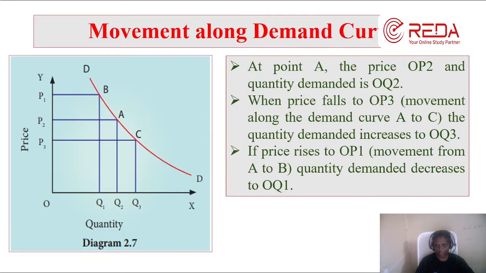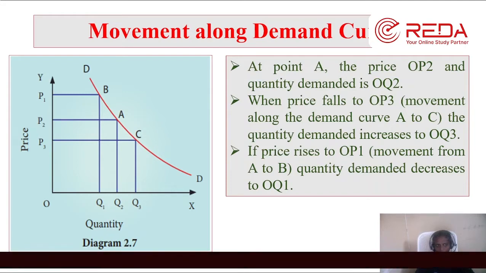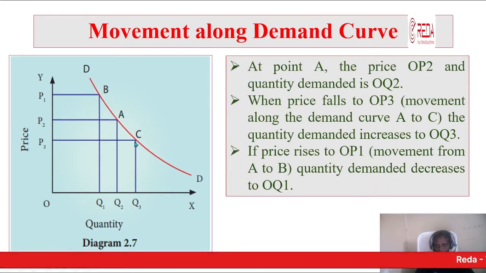So if the price decreases from P2 to P3, the quantity demanded will increase from 0 Q2 level to 0 Q3 level. At that time the price and quantity demanded lines will join together at point C. Now we have point A and point C.